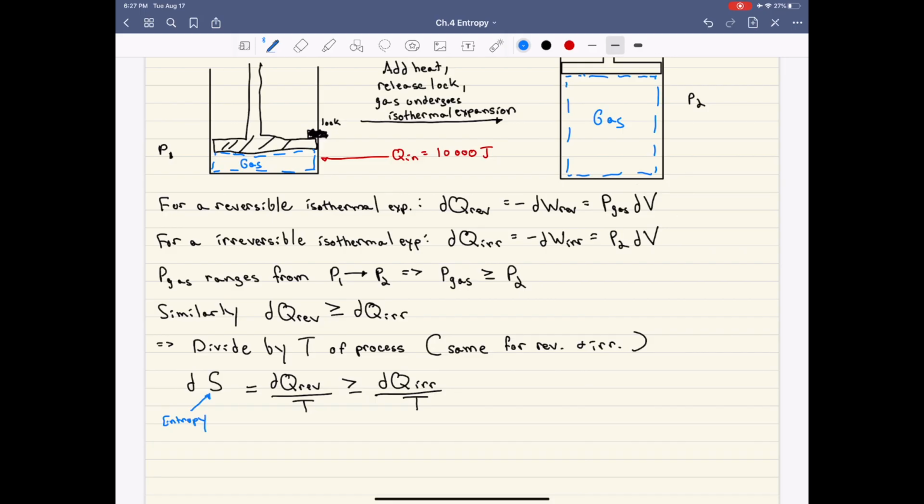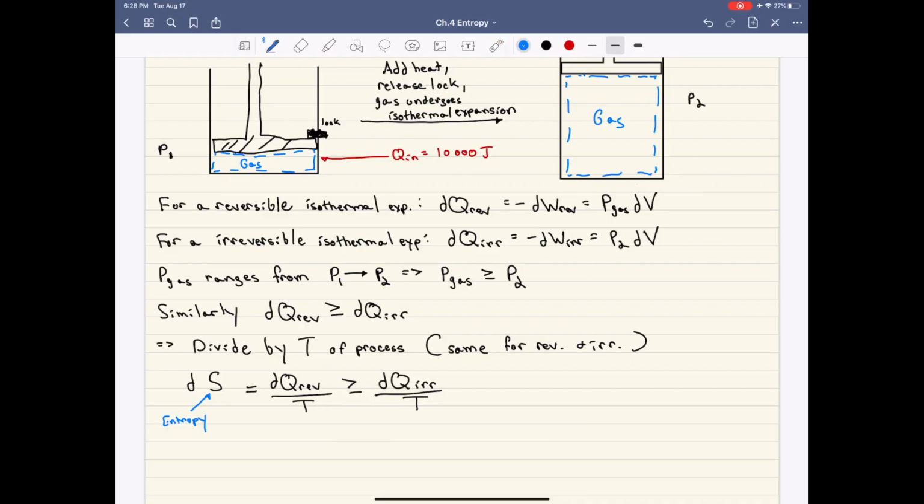And so essentially the derivative of entropy is equal to dq reversible divided by temperature. And this dS is going to be greater than or equal to dq irreversible divided by temperature.